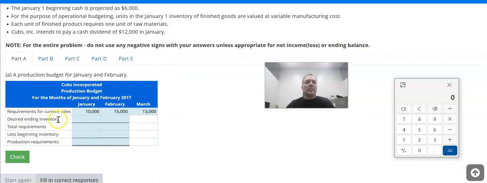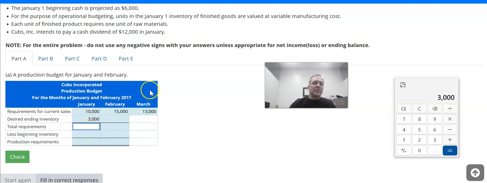So the desired ending inventory is 20% of the following month. So for the month of January, all we have to do is take 15,000, which is for February, and multiply by 20%. So the desired ending inventory is for the following month.